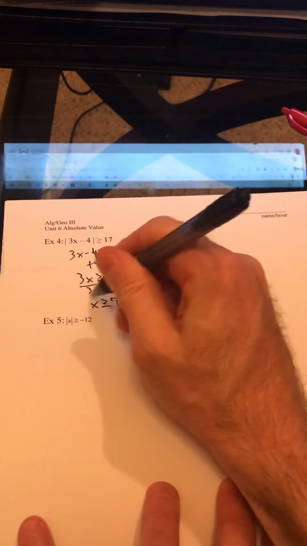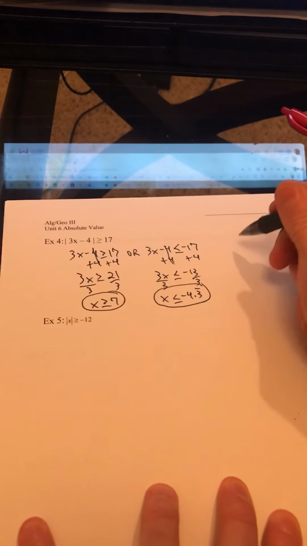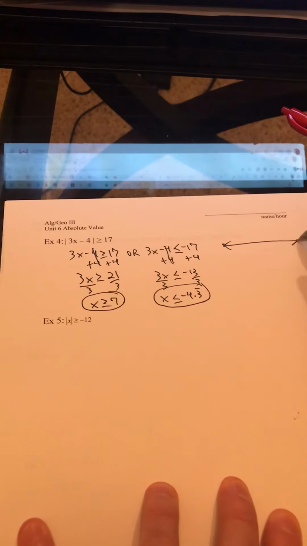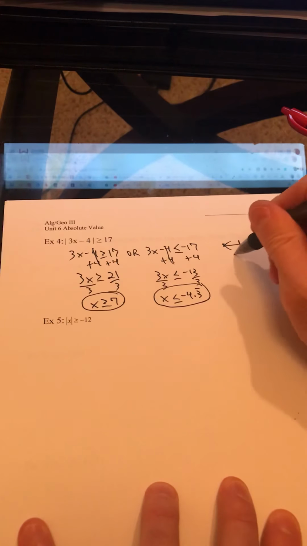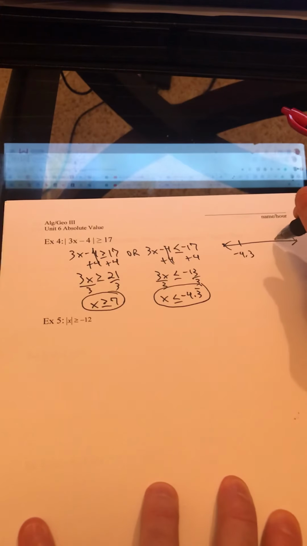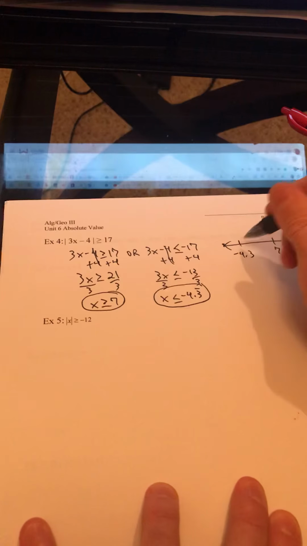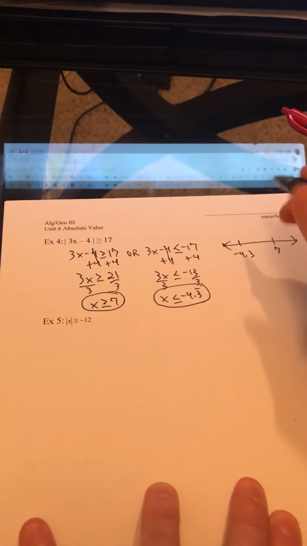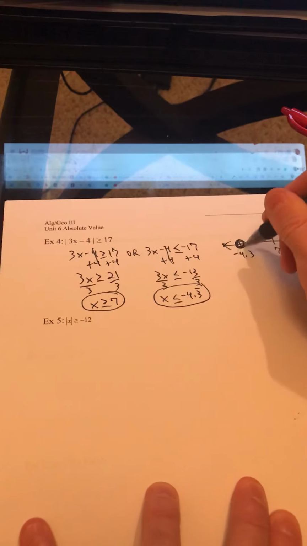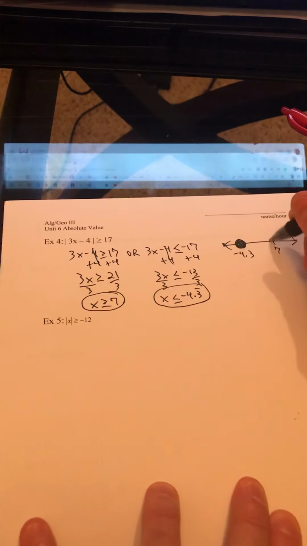So here are our two sets. Again, negative 4.3 will go on the left as our smaller value. 7 goes on the right. These are equal to, so we will use closed dots or circles.